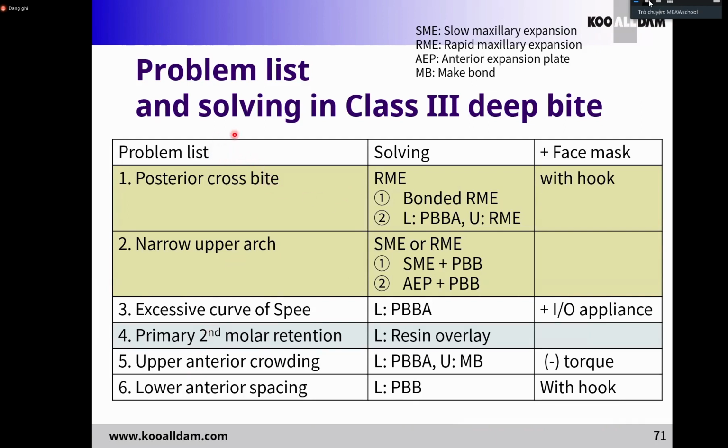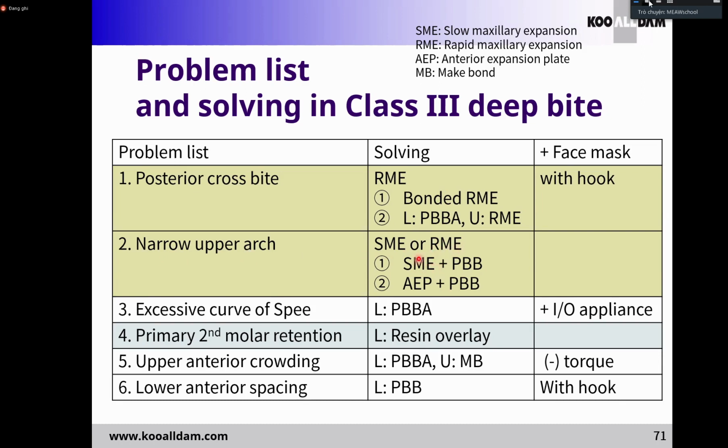So this is a summary of the problem list and solutions in class 3 deep bite. If posterior crossbite, we may use RME. There are two types: banded RME, and second, PBBA in the lower arch with RME in the upper arch. If we want a face mask, we may insert it with a hook. Second, for a narrow upper arch, we may use SME or RME.